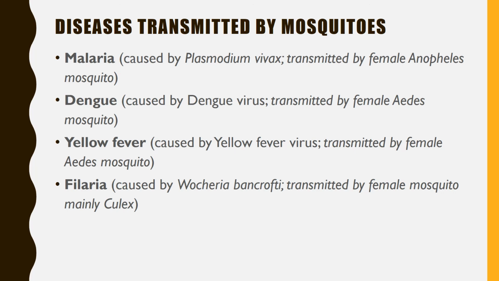Dengue is caused by the dengue virus and it is transmitted by the female Aedes mosquito. Yellow fever is a disease caused by the yellow fever virus and it is transmitted by the female Aedes mosquito. Filaria is caused by the worm Wuchereria bancrofti and it is transmitted by the female mosquito, mainly Culex.